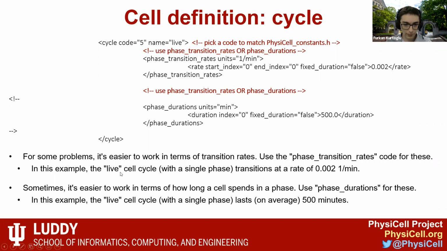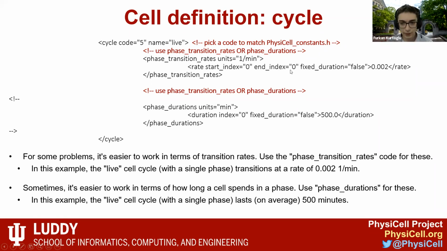If we use a live cell cycle, which has only one phase and one transition phase link, we can just set it here to 0.002. And again, because this is C++, the index starts from 0. Because there is only one phase, the rate start index is 0 and end index is 0.